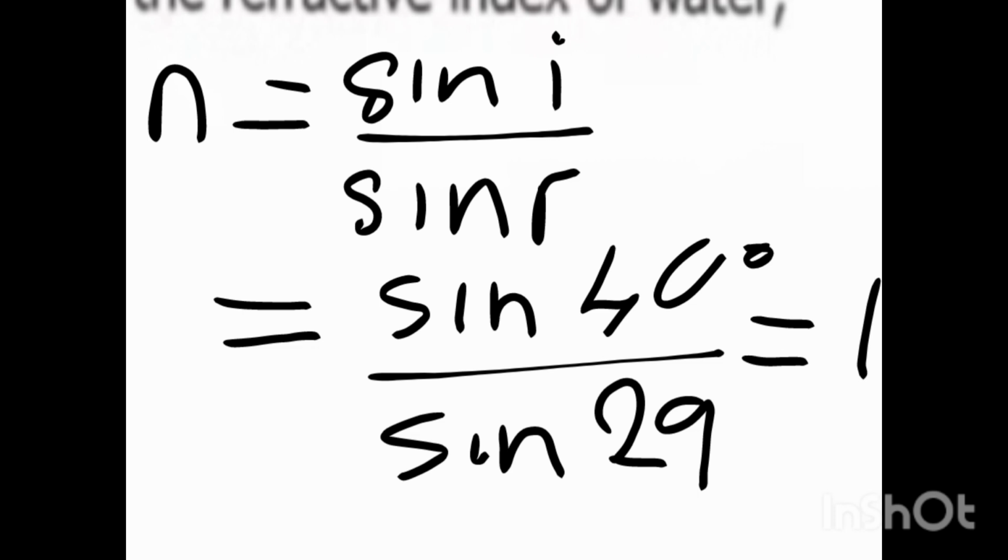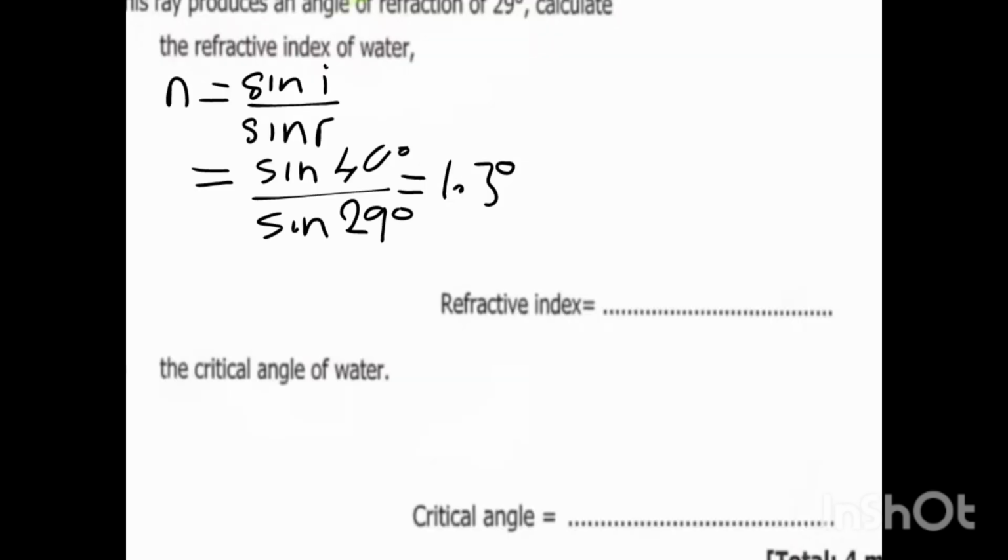That is the refractive index. Actually, it's not supposed to be a degree here. So we can now write our final answer in the answer space as 1.3. Then to move on to the next question.